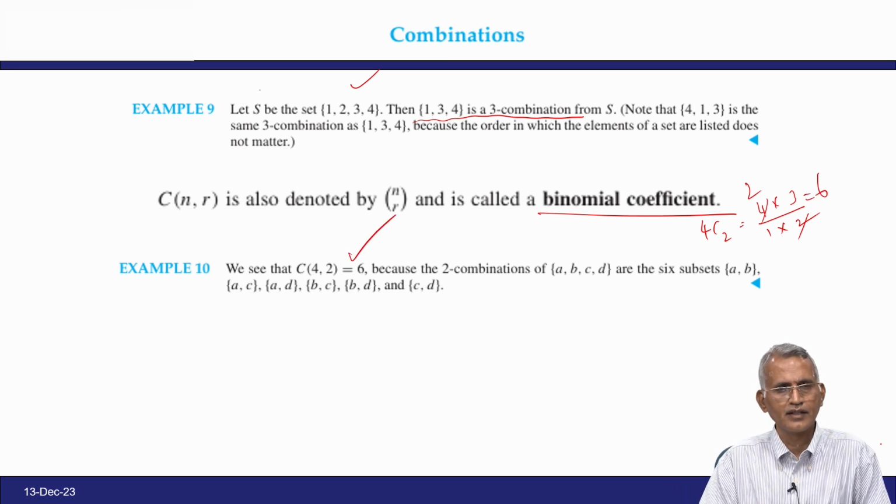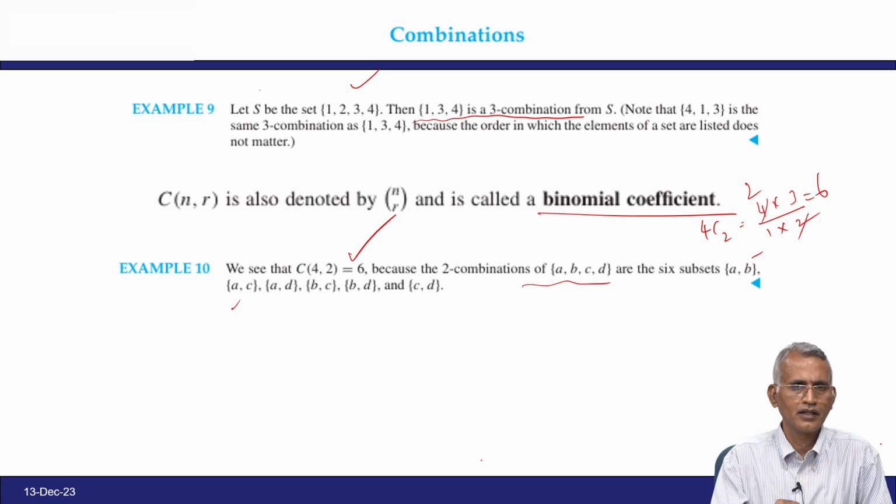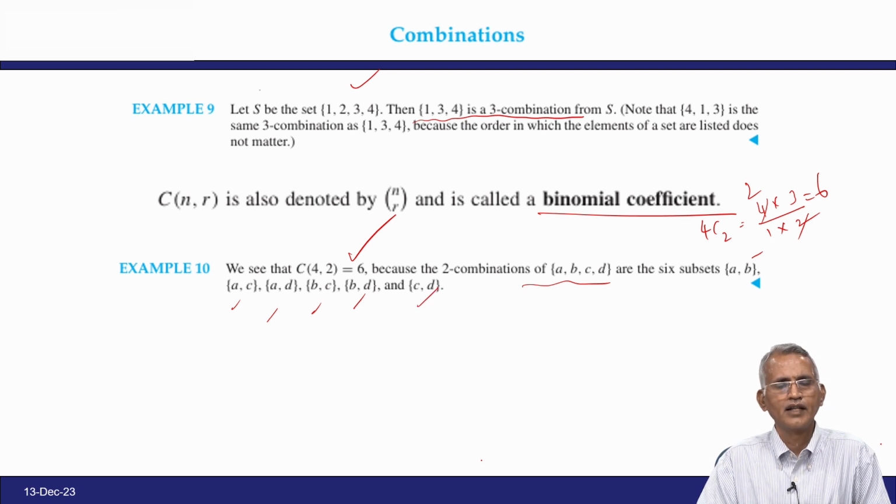So, we can see that 4C2 is nothing but 6, because the 2-combinations of A, B, C, D are 6 subsets: {A, B}, {A, C}, {A, D}, {B, C}, {B, D} and {C, D}. Directly, according to the combination definition, these possibilities are written in terms of the notation 4C2.